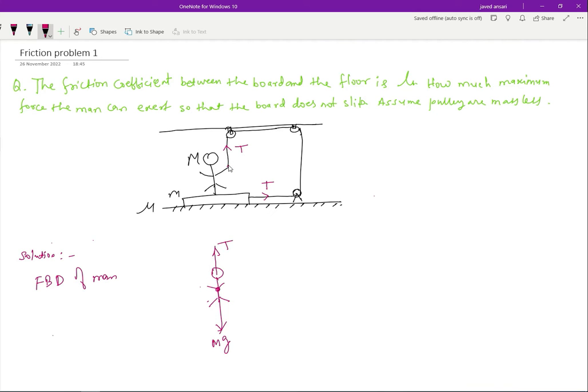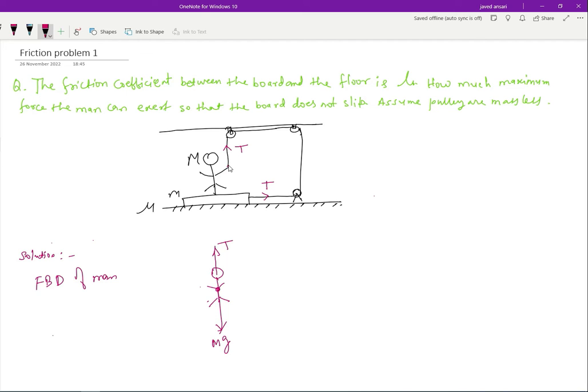What else? Anything else you see here? There is one more force. He is standing on this plank, right? So plank will also exert a normal force upward because he is standing on the plank, so he is pushing the plank down. So plank will also push him upward from Newton's third law of motion with same magnitude.